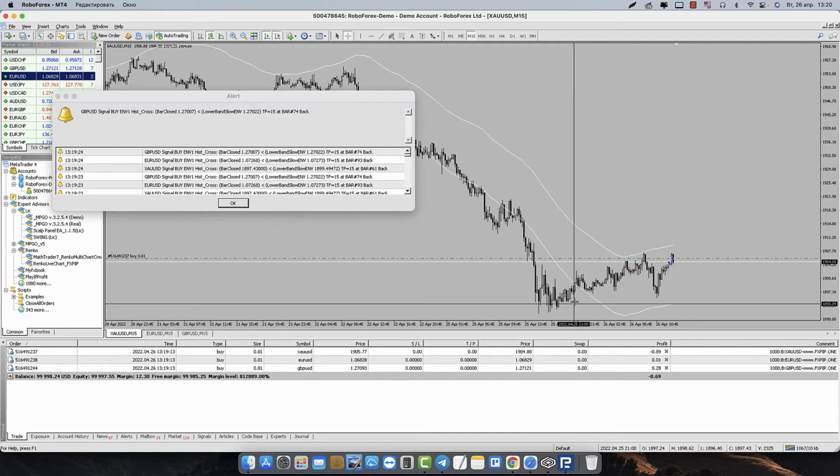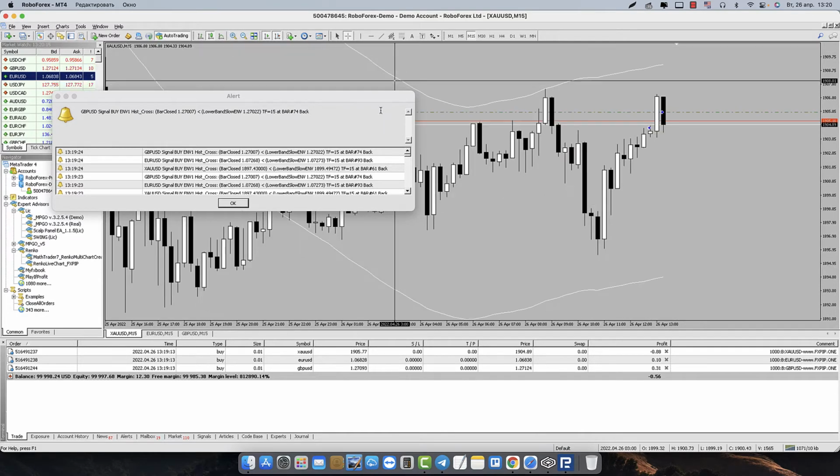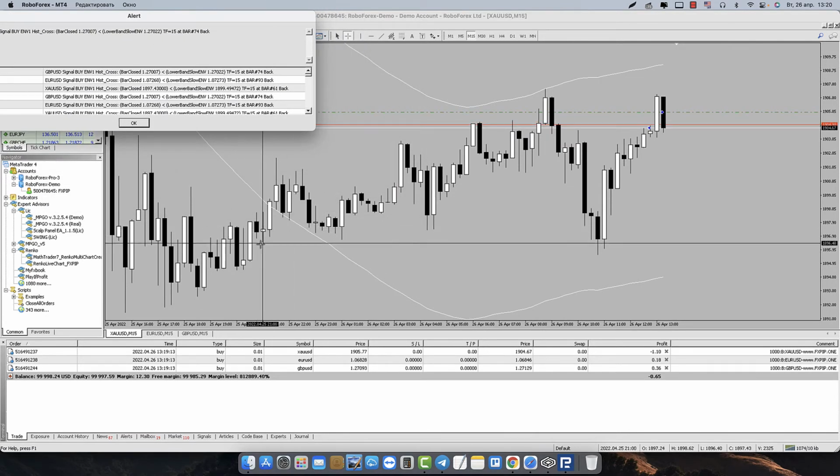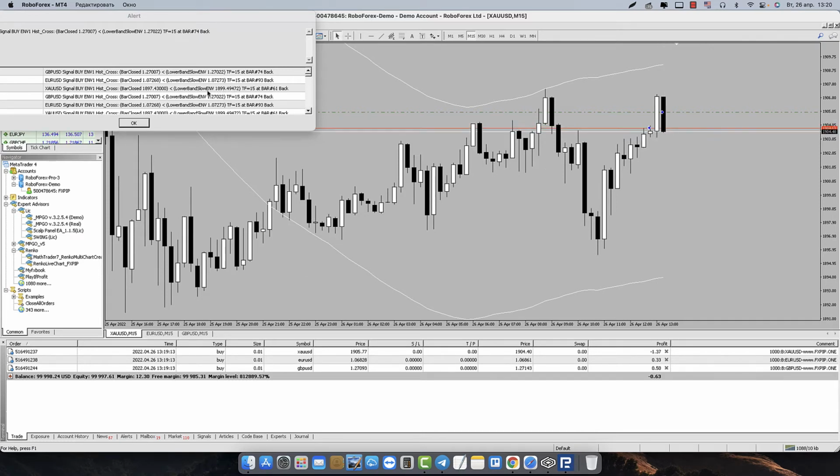This is a buy signal because this bar, 61 bars back, closed below the lower band slow envelope, and it also tells us the price of this envelope, 1899.